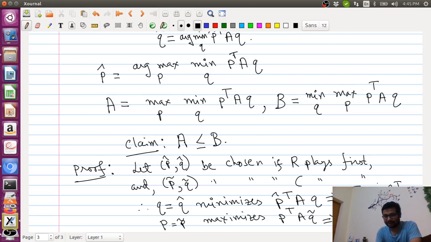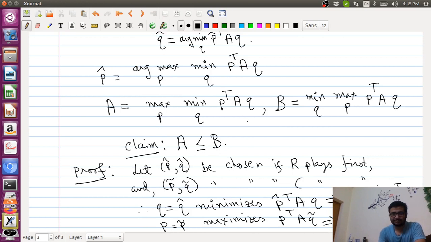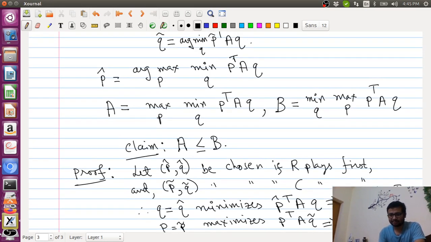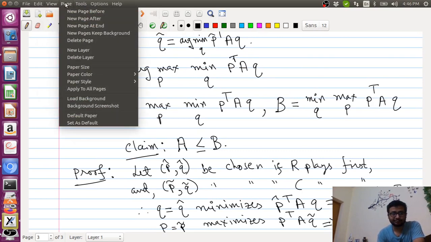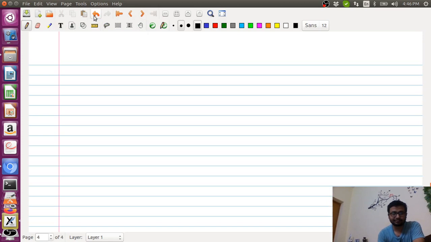So greater than or equal to P hat transpose A Q tilde. Now you put these two inequalities together and A less than or equal to B follows. So let me just say, for want of space, that the proof is complete. So A is less than or equal to B.